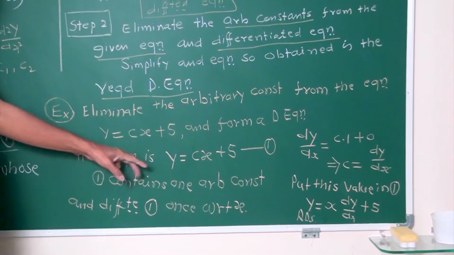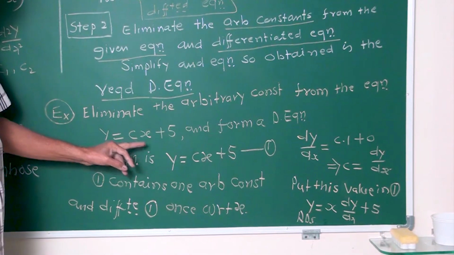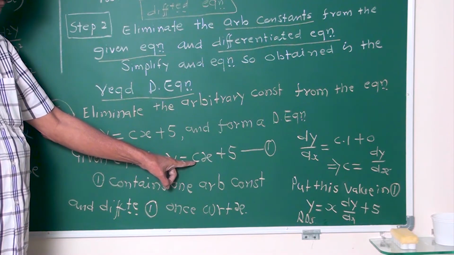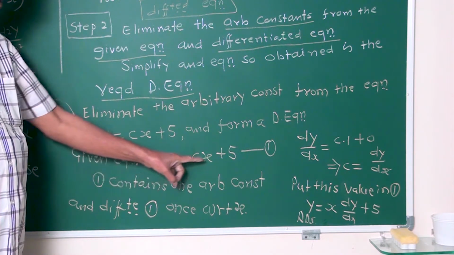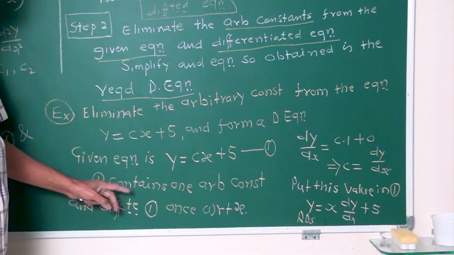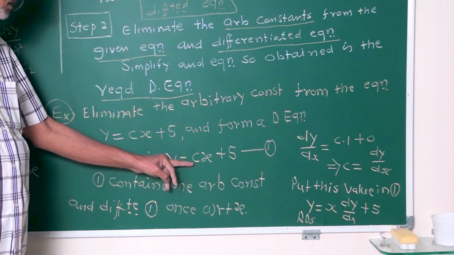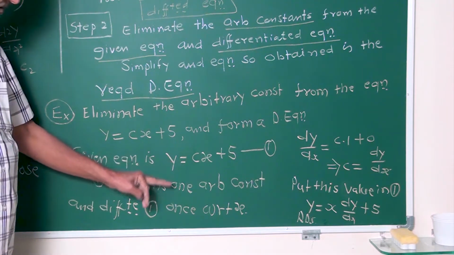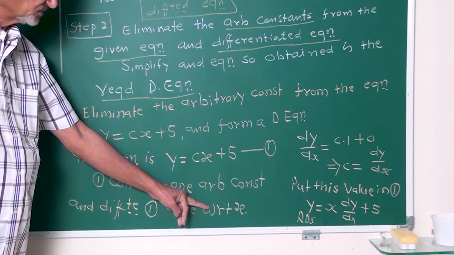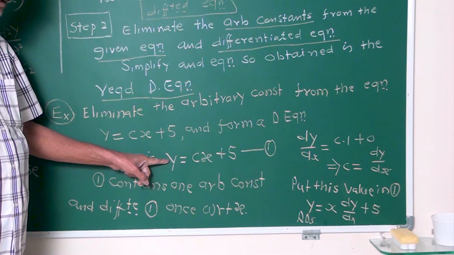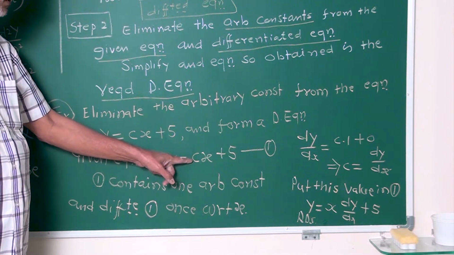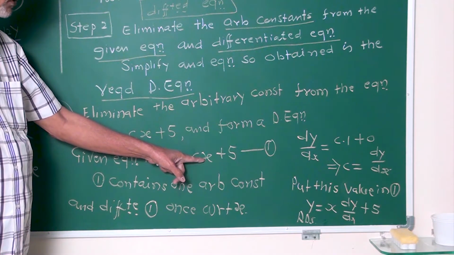Yes, given equation is what? Y equal to cx plus 5. It contains what? One arbitrary constant c. This equation 1 contains one arbitrary constant c. Then differentiate equation 1 once with respect to x. Derivative of y with respect to x is dy by dx. Derivative of cx is c, since the derivative of x is 1.